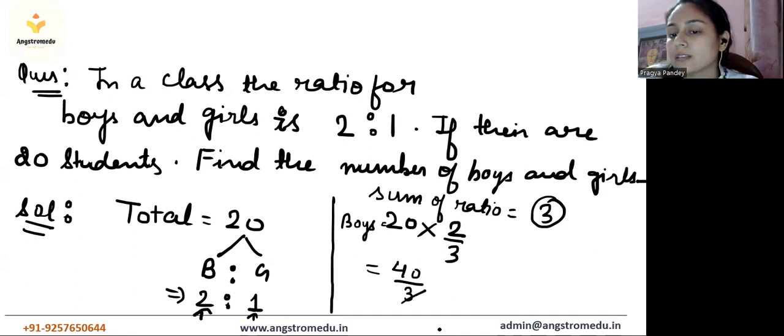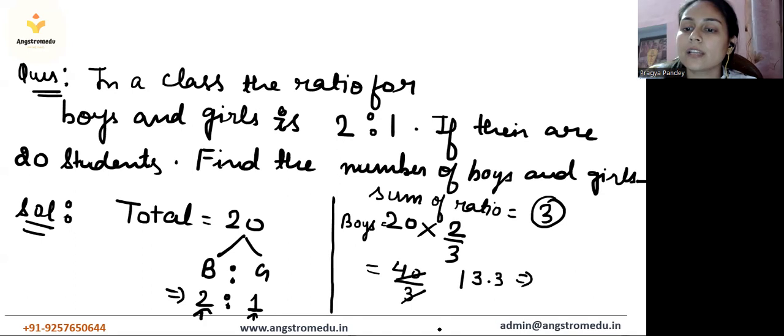So just divide this. 3 ones are 3 and 1 will be there. So 3 threes are 9, point. Again, it will go like this. So 13.3 can be written as, let's say, because we are just doing the round off thing, so it will be 13 boys.